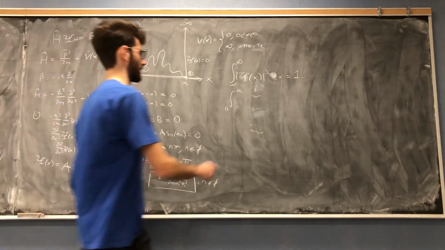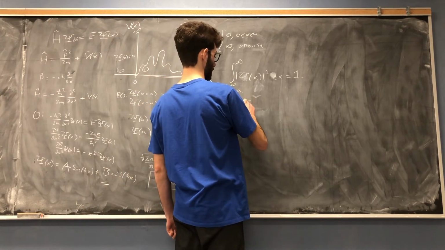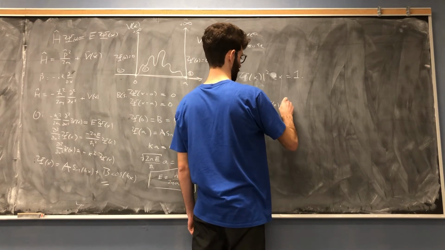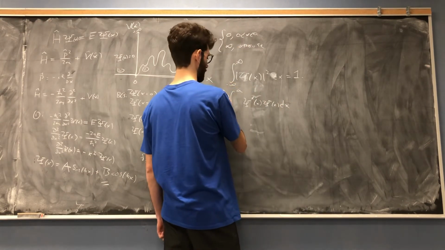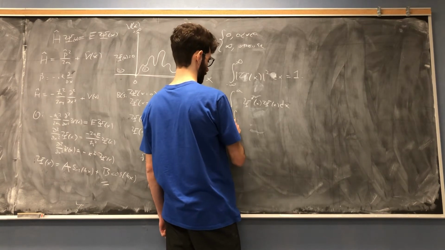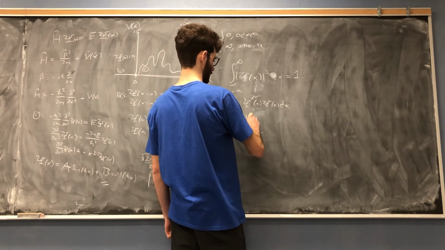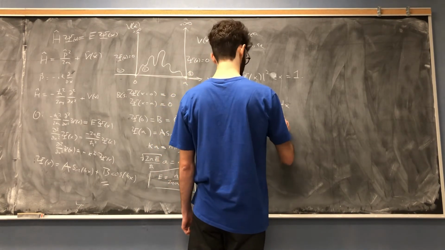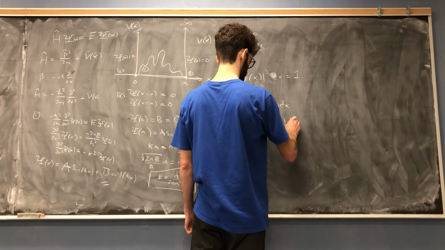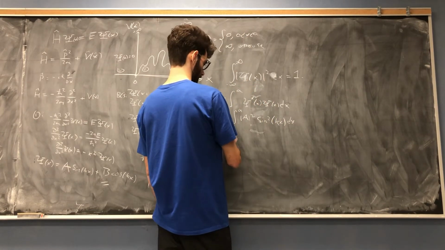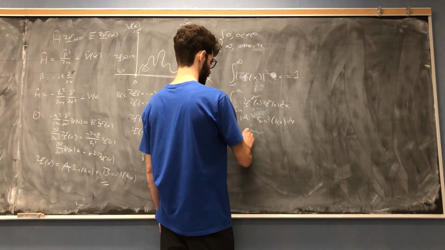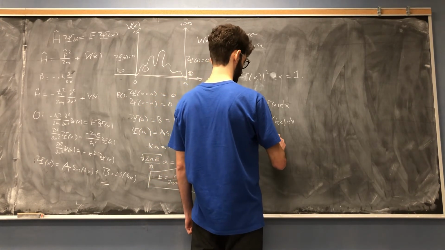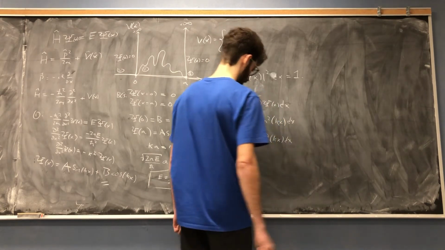So we just have something like psi star of x, psi of x, which gives A squared sine squared of kx. My normalization coefficient just comes out. Sine squared kx dx.